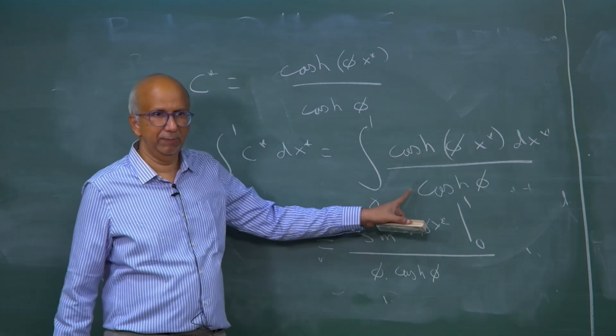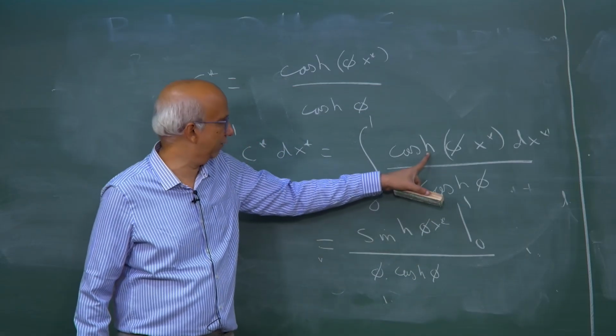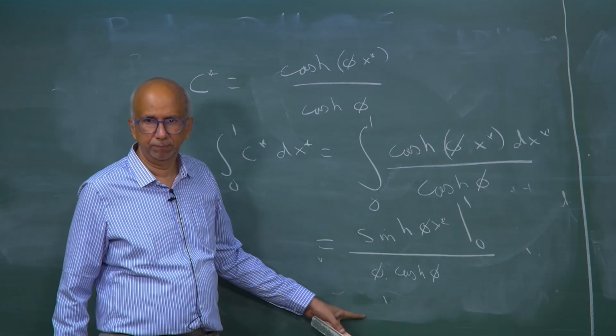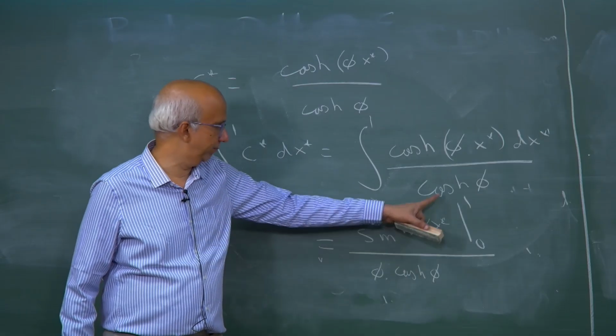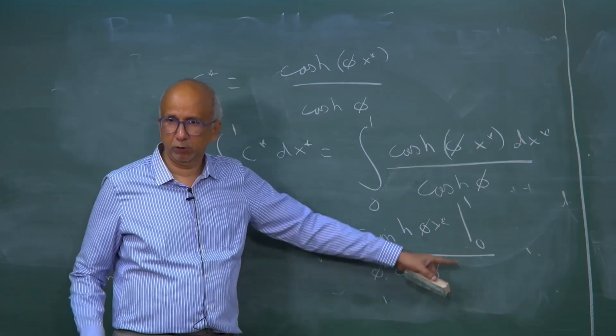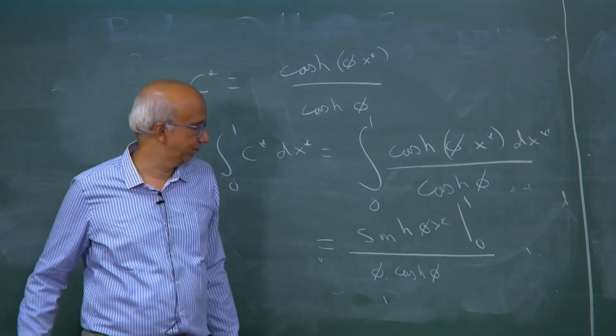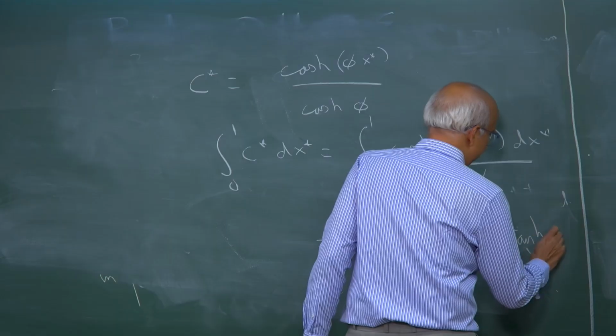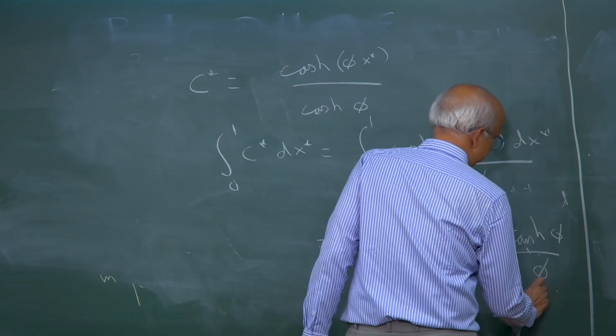So, the integral of cos hyperbolic is sin hyperbolic divided by phi, and I am evaluating between the limits. Put x star equal to 1, I get sin hyperbolic phi; x star equal to 0, I get 0. So, this becomes tan hyperbolic phi divided by phi.